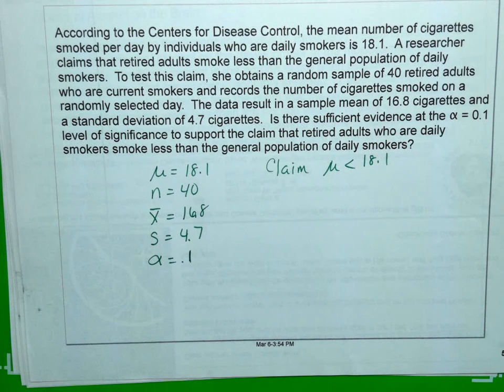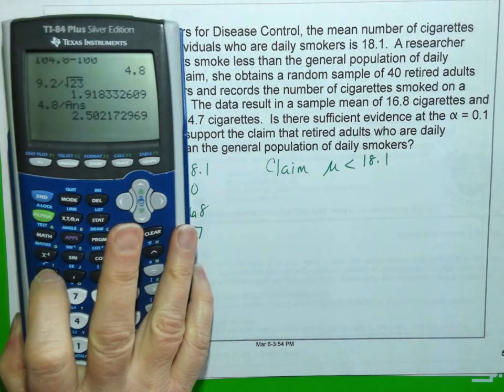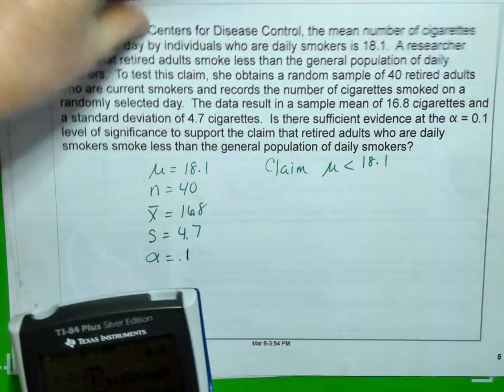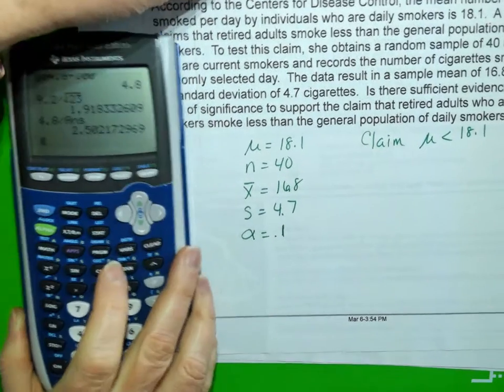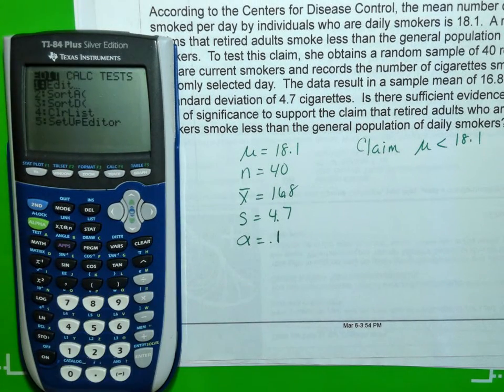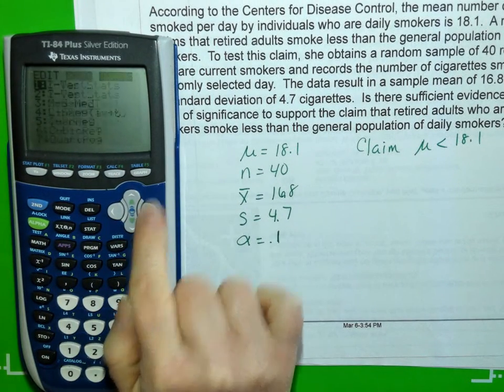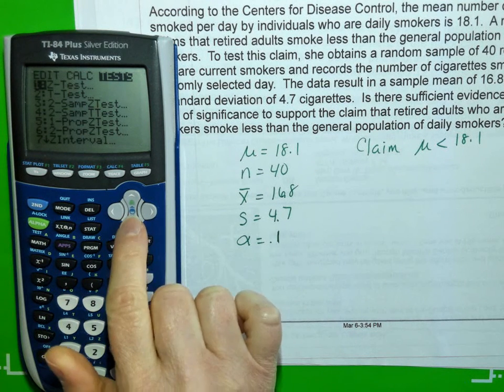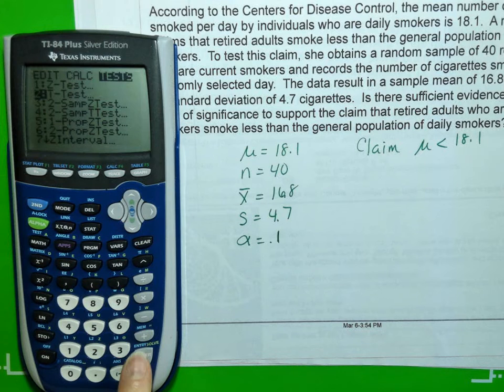All right, grab your calculator. I'm going to slide this over just a smidge. Hold on. Okay. Stat. Tests. Notice right under the z-test is a t-test, so number 2. Enter.